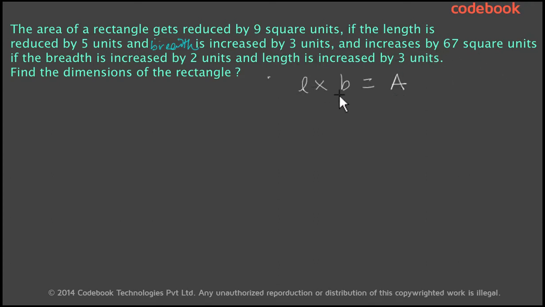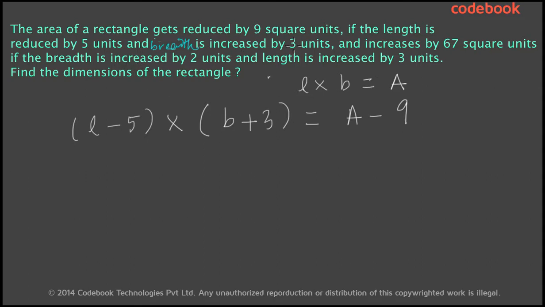So we know that area of the rectangle is length times breadth. So that can be expressed as L times B equal to capital A. In the first scenario, we are reducing the length by 5 units, so L minus 5, times breadth increased by 3 units, so B plus 3, results in the area being reduced by 9 square units, so A minus 9.